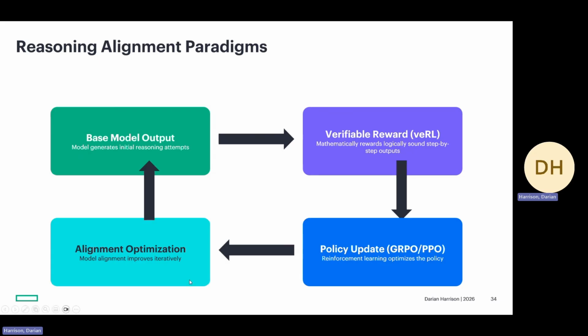A few things here are verifiable rewards, or GRPO or PPO. It's a similar concept to the PEFT LoRa adapters, but this is more for the thought sequences and the reasoning portion of the models, thinking models.